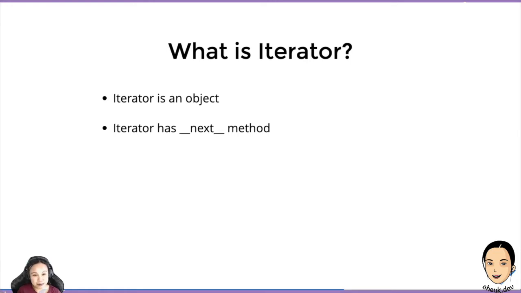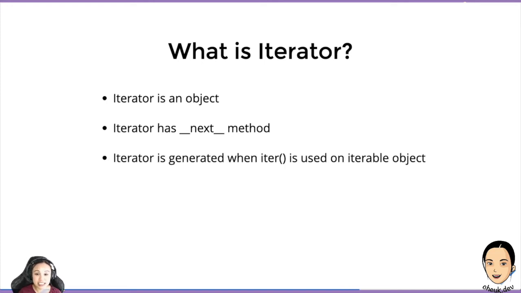So the best way to check whether something is an iterator is to check whether it has a next method. And an iterator is generated when iter is used on an iterable object. Now it comes to what an iterable object is. We actually come across iterable objects quite a lot, and I will show you later.